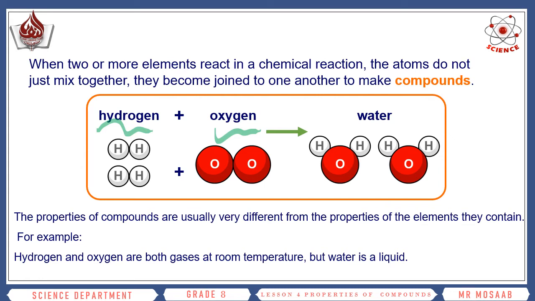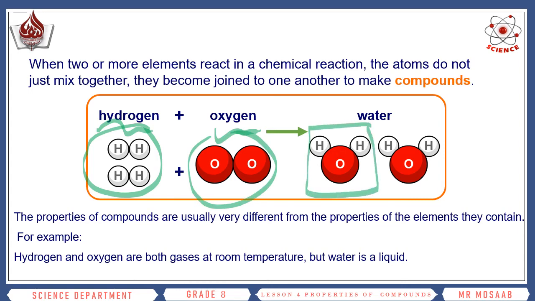As you can see here, we have hydrogen molecule and oxygen molecule. They combine together to form a new compound called H2O. H2O is water. So the properties of compounds are usually very different from the properties of elements they contain.